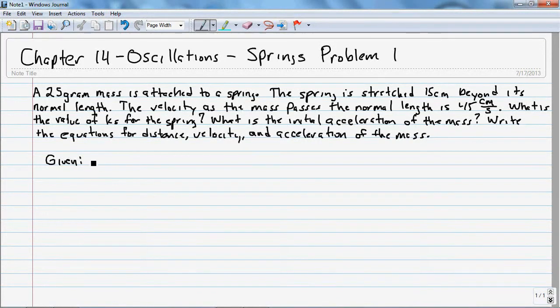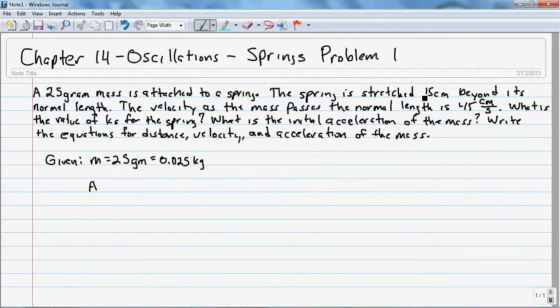The first is we have the mass of the object, and that's equal to 25 grams, or that's 0.025 kilograms. We have the amplitude.